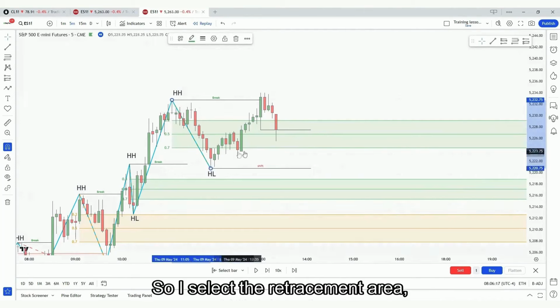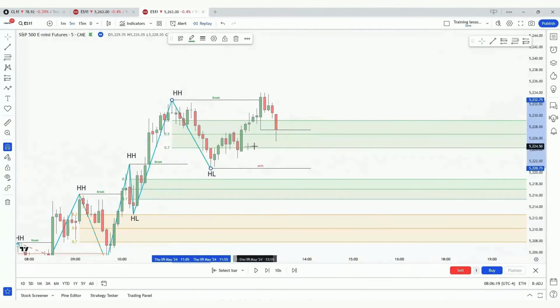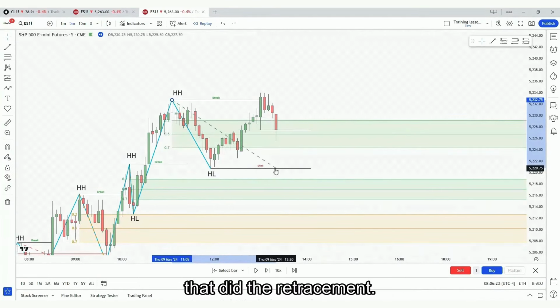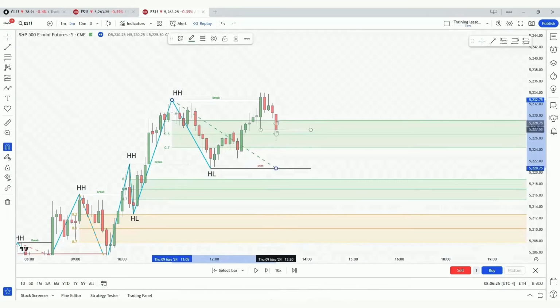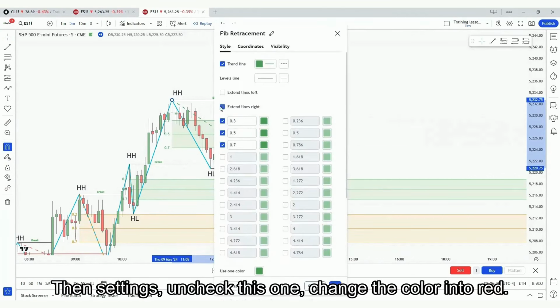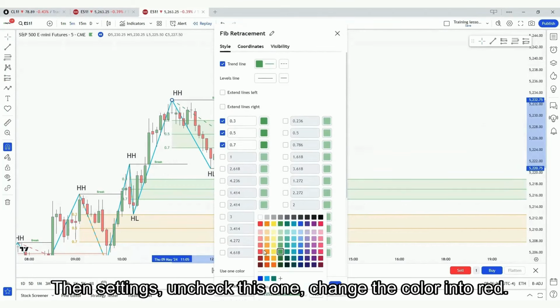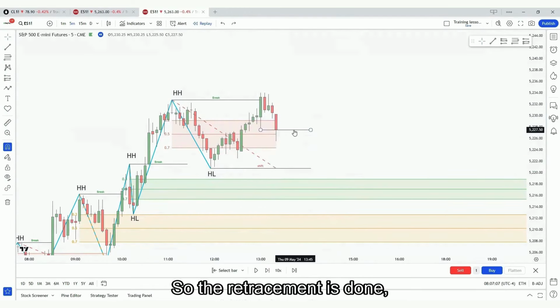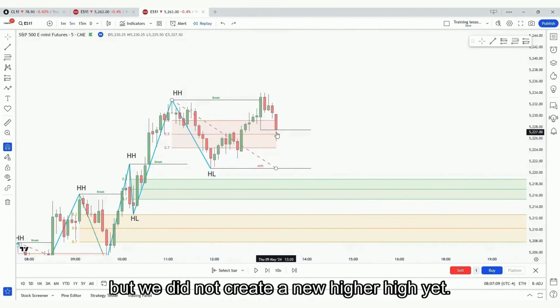So I select the retracement area, then I pull the Fibonacci to the candle that did the retracement. So that was this one. Then settings, uncheck this one, change the color into red. So the retracement is done, but we did not create a new higher high yet.